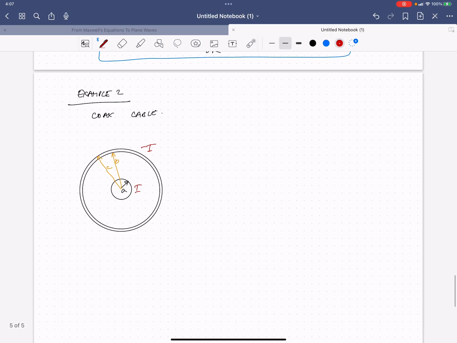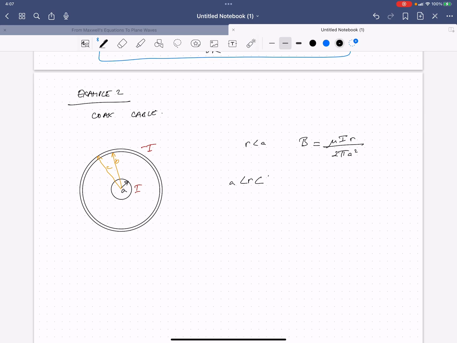So just as a reminder from the magnetostatic lecture, in the case of R being in the inner conductor, the magnetic field there was mu I R over 2 pi a squared.